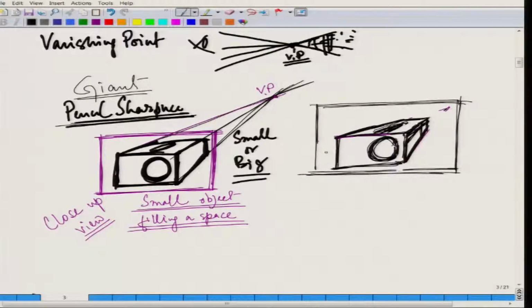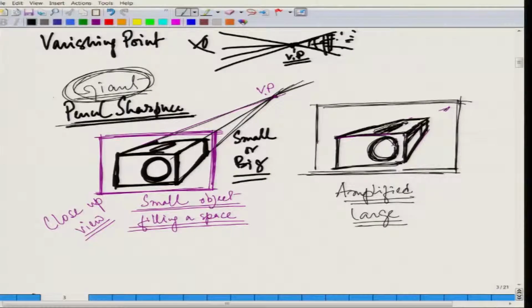Which will be rather amplified, and it will appear to be much larger. So, if we want to make one object and call it a giant object, we need to operate the vanishing points accordingly.